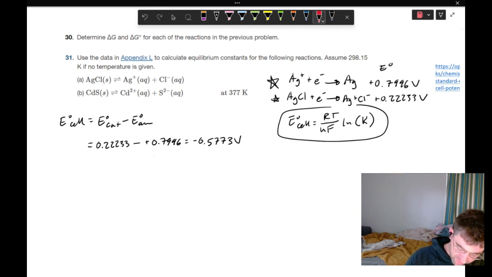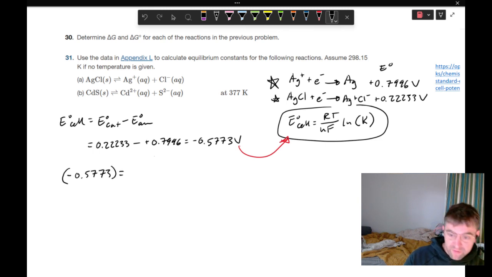So now we have a value that we can plug into this equation. So let's go ahead and pull that in. We have negative 0.5773 equals, value for R was 8.314. T was given to us as 298.15 Kelvin.